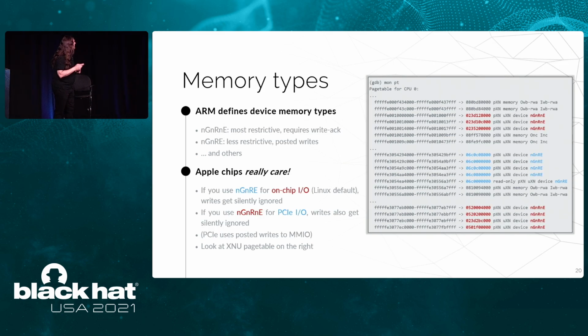No, next then. So another place where you really want to have the ability to dump page tables was, unexpectedly, at least to us, the device memory types. So the ARM architecture is uncommonly fine-grained at what it lets you specify about memory.